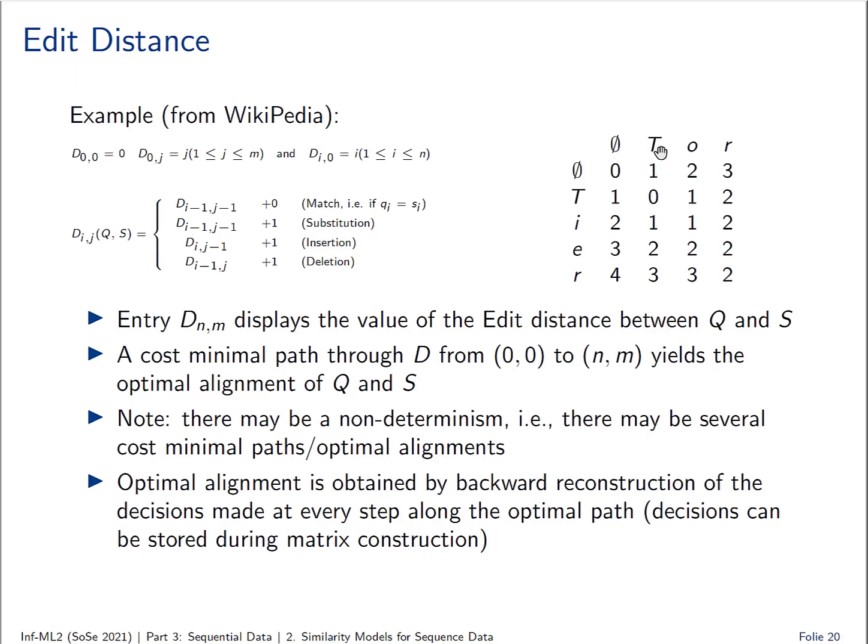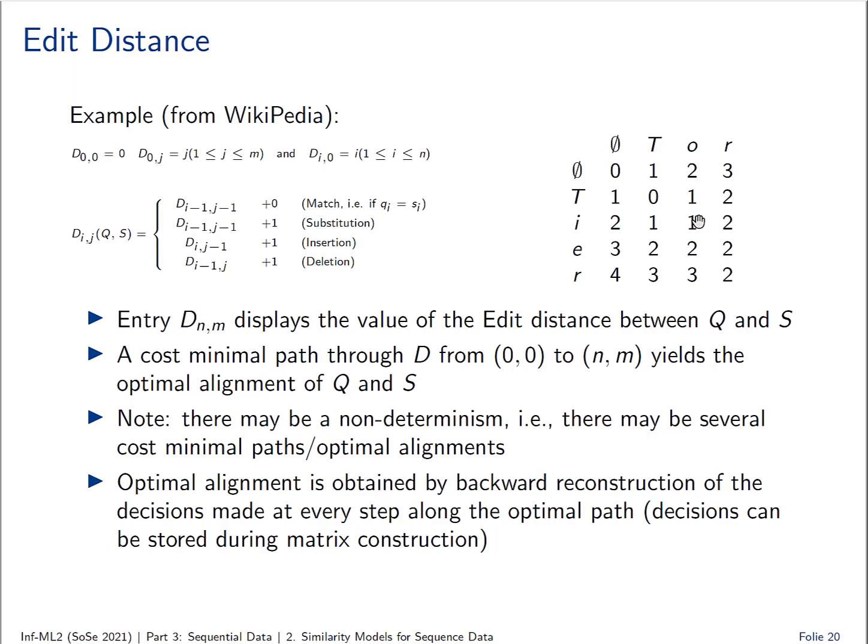I mean, we can introduce this artificial placeholder in between here or here, because here we have two things in between T and R, and here we have only one element in between T and R. So we have to introduce an artificial element here in between, in order to account for those two here. And we can do that here or here, and that's obviously both optimal in that case.